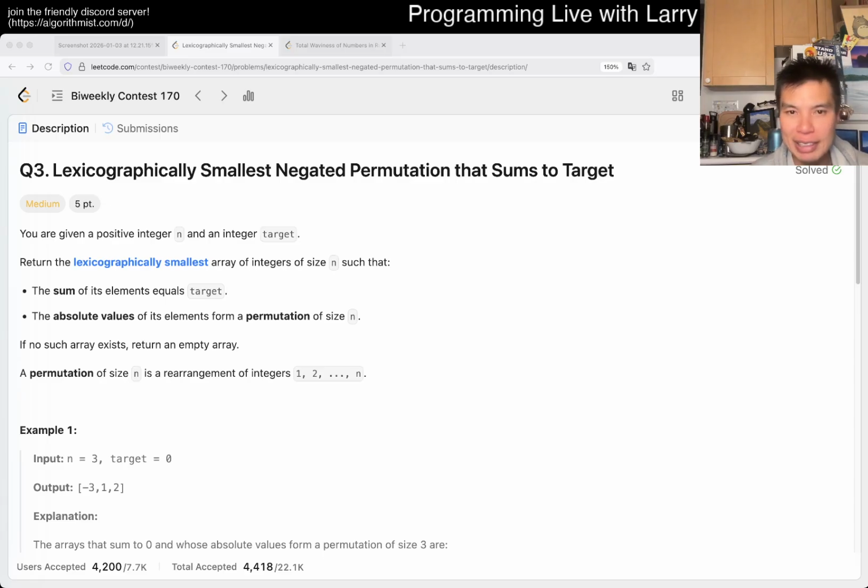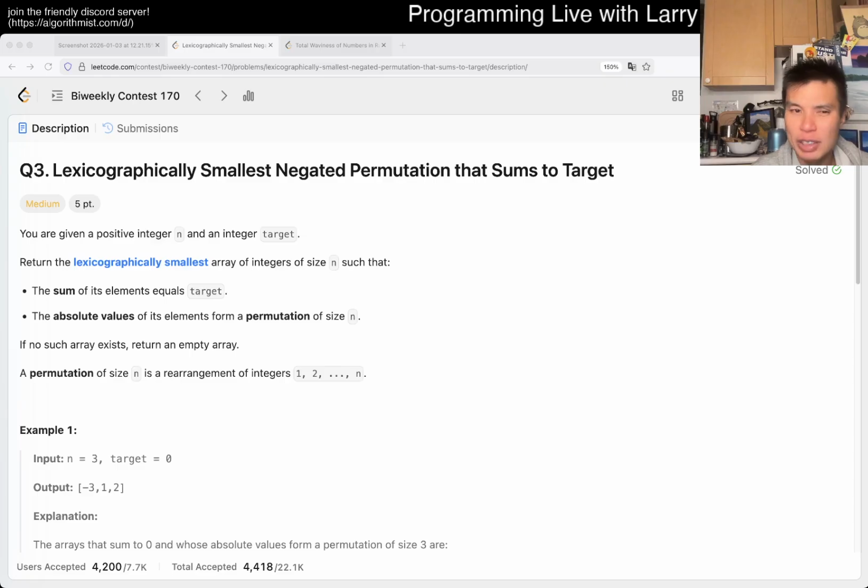The thing with the negative is that it's not just taking a subset of these numbers. Each of these numbers has to be either positive or negative. And what does that mean? The way that I think about it, and it is definitely not the only way, is that we start off with every number being positive.